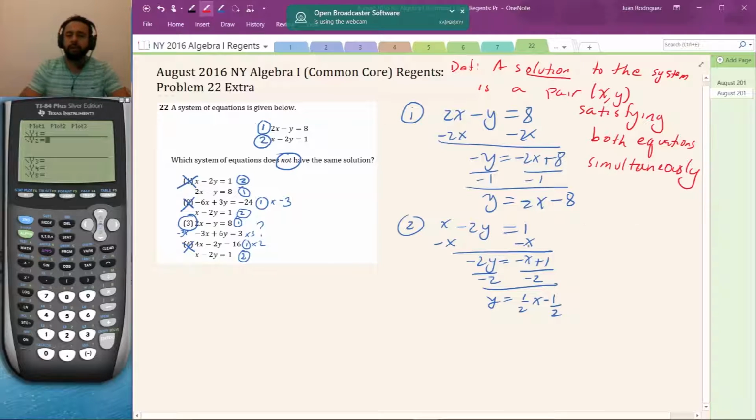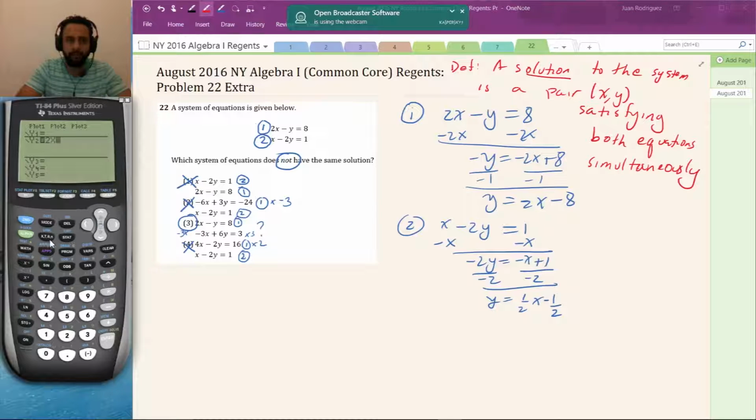Okay, I highly recommend that you take notes. So equation 1 says y equals 2x minus 8. Equation 2 says y equals 1/2 x minus 1/2.